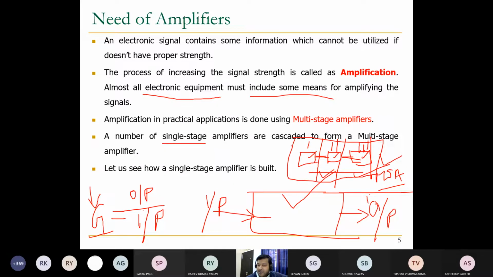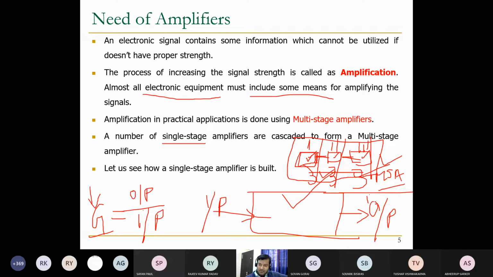A stage is defined by how many transistors are being used, PNP or NPN in the case of BJT. So you can differentiate the stages in terms of the number of transistors. If you are considering three stages, then three transistors are there. Single stage means one transistor will be there, and you are considering only one stage at a time. That is a single stage amplifier.